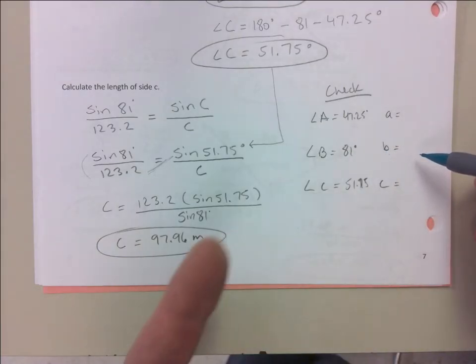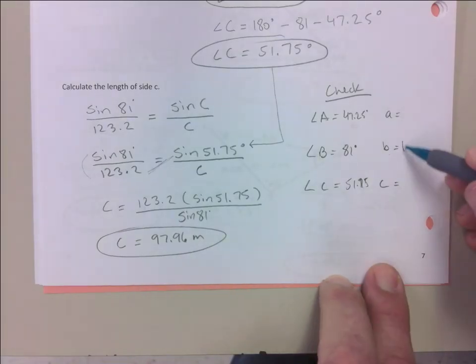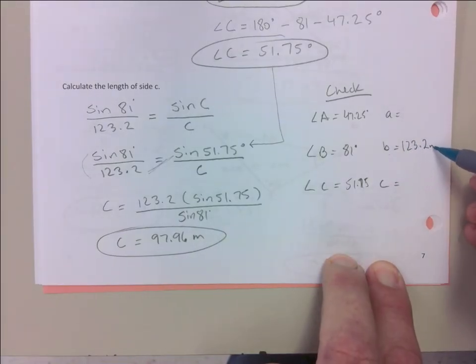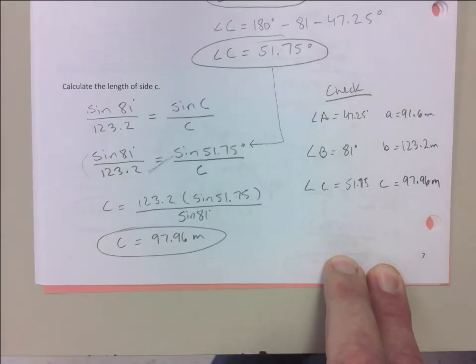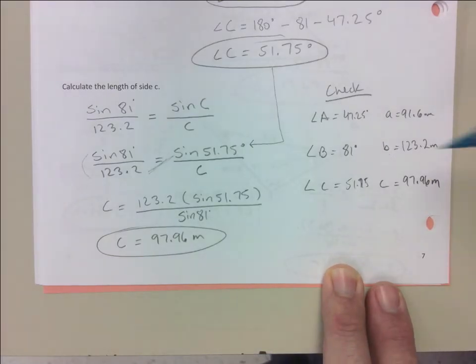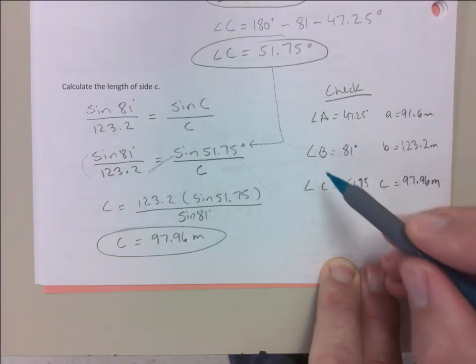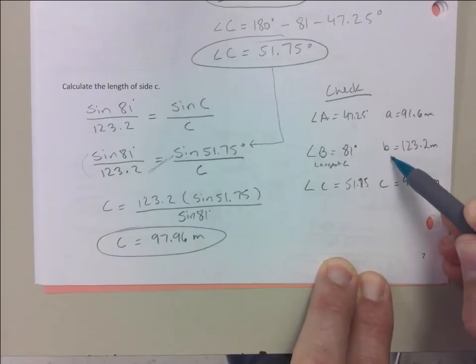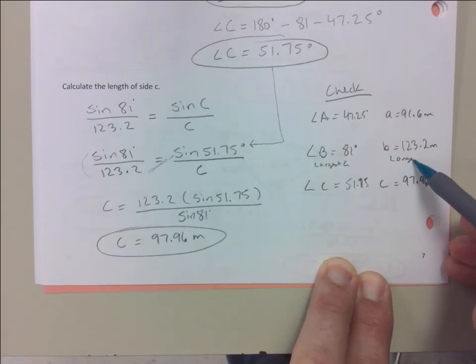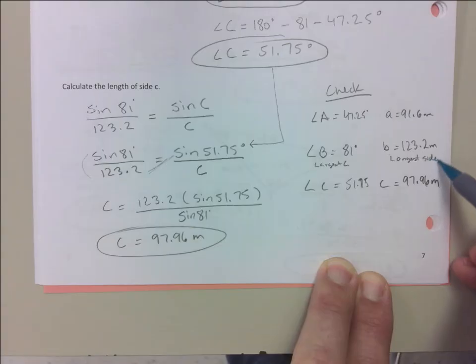So we figured out B, that's 123.2. The question gave that to us. Side A is 91.6 meters. Side C is 97.96 meters. So you've got the largest angle across from the longest side. Perfect, that's what you want.